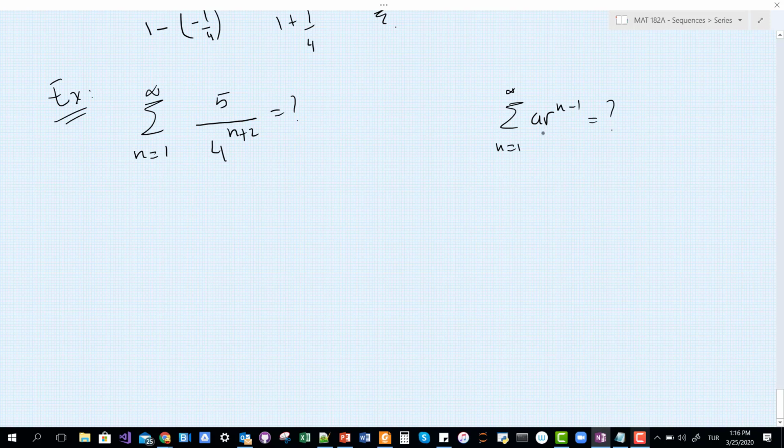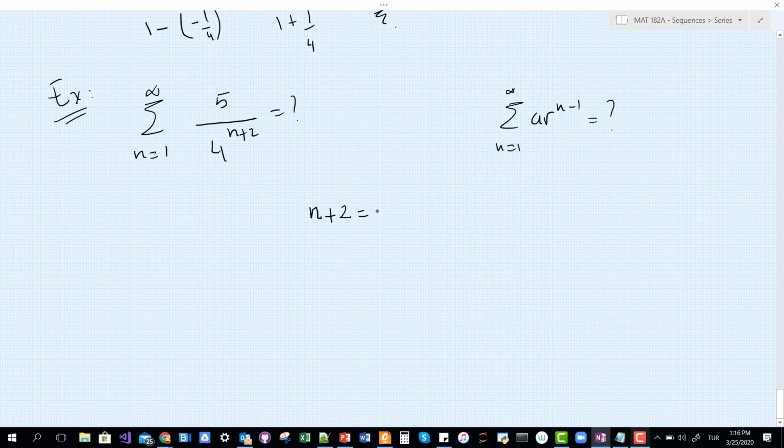The original form requires that I need to have the power on the top of r. The power should be exactly n minus 1. Look at that here, I don't have that power. So n minus 1 I should have, but instead of n minus 1, I have n plus 2. Okay, your problem here: you need to think about how I could write n plus 2 in terms of n minus 1.